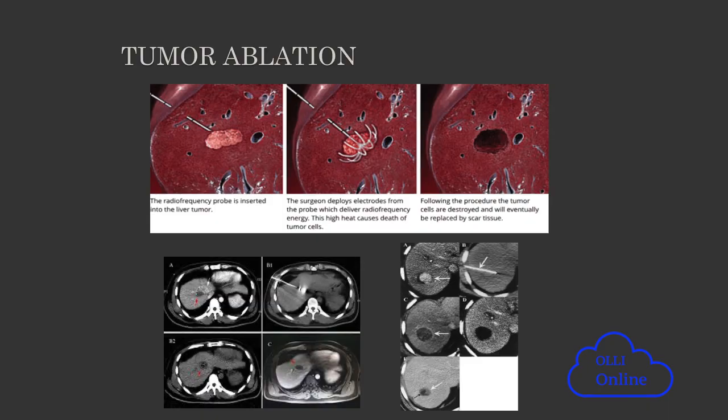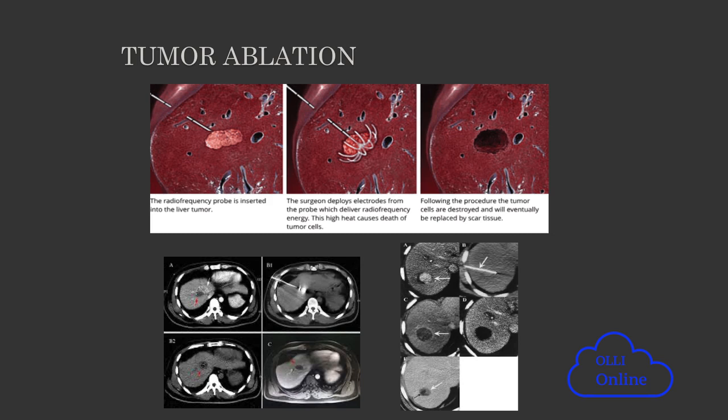So this is an example of ablation. We typically do them with ultrasound and CT. We have these probes where the end of them heats or freezes, if you're going to do cryoablation. The idea is to get the needle directly into the tumor itself, and then you just turn the machine on and it cooks the tumor, or freezes it.